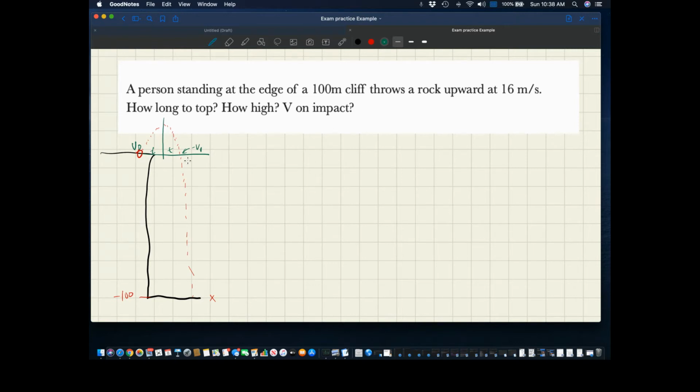Those are just some things to know. And this negative V0 over here, which we know will be minus 16, the time it takes to go from here to here would be exactly the same as if it were thrown downward at minus 16. So that's just some things to remember about this type of vertical projectile.